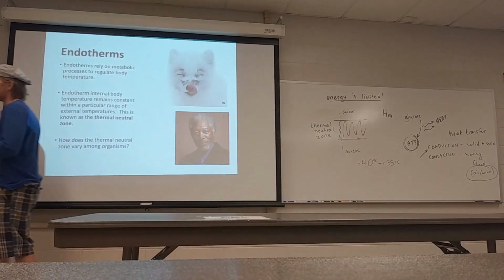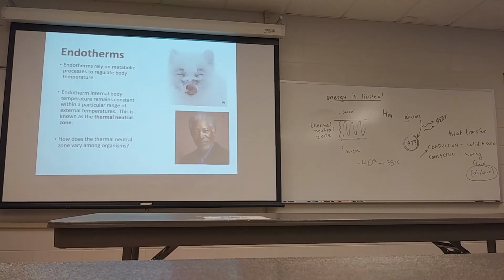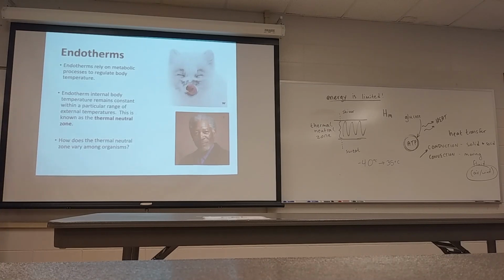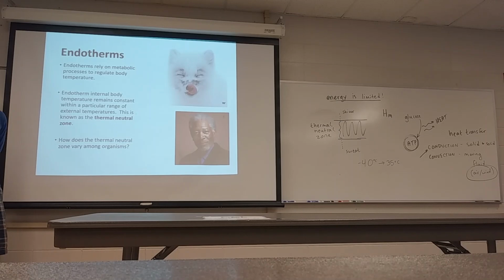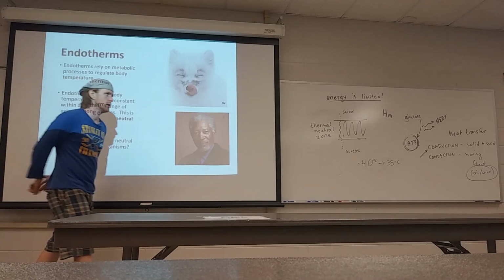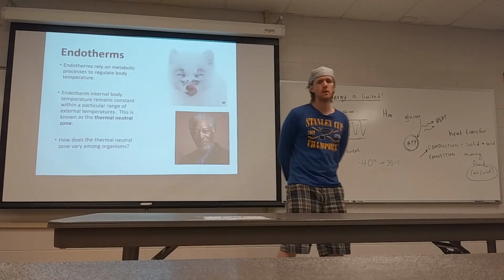And so when it's negative 30 degrees up in Canada, that Arctic fox is going to experience that temperature the same way you would experience room temperature. It's just not even going to register as being cold. It does not have that sensation in that environment.